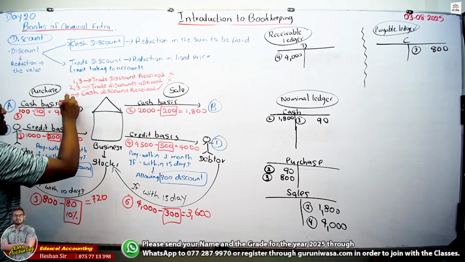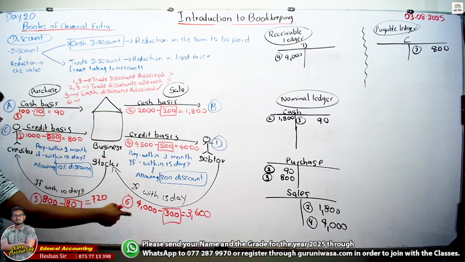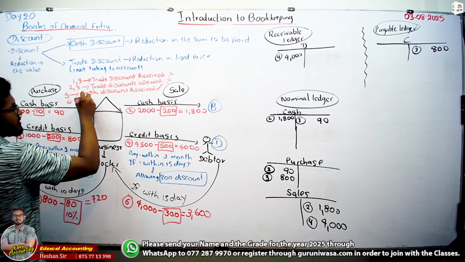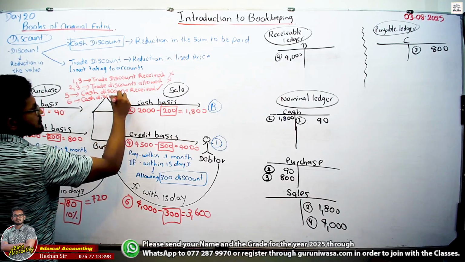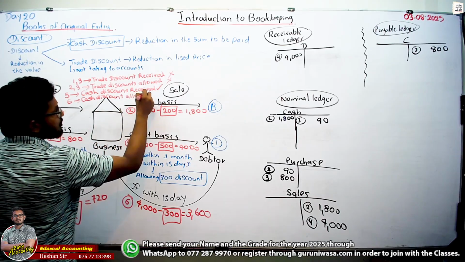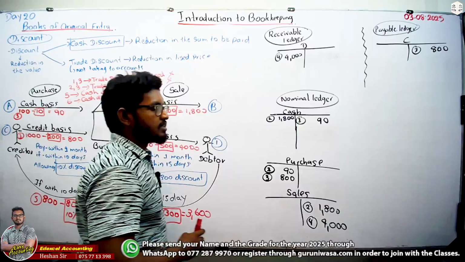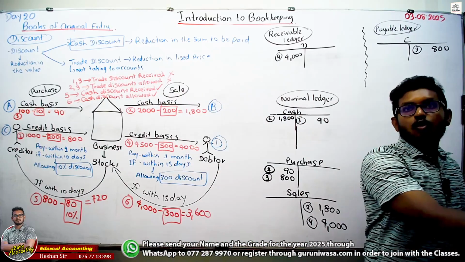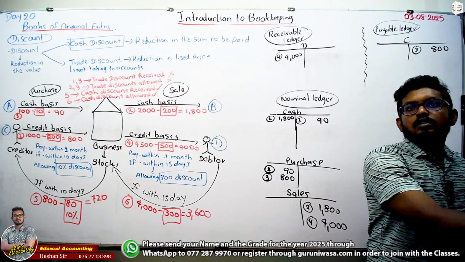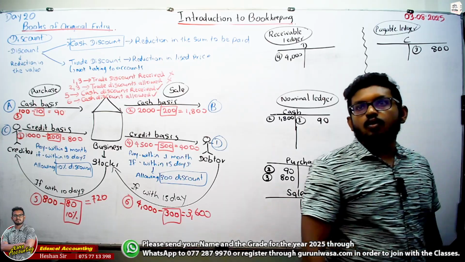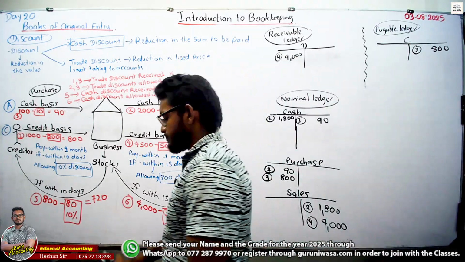Number 6 is cash discount allowed. You also need to record it. Is it clear to you? Send me a thumbs up. Hope you got a clear idea about the discount part.